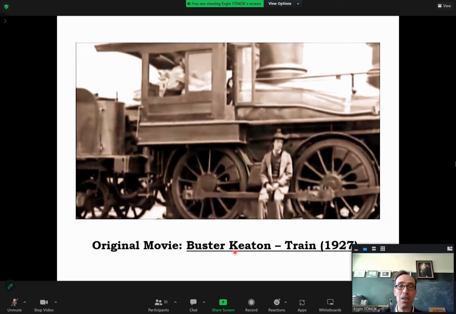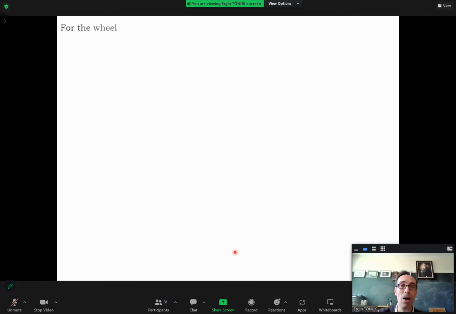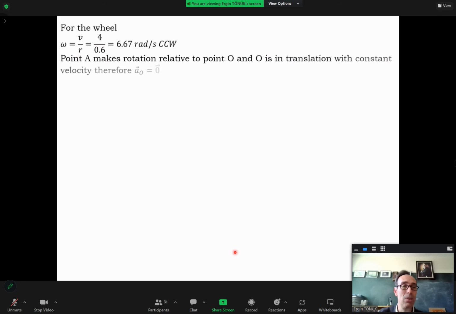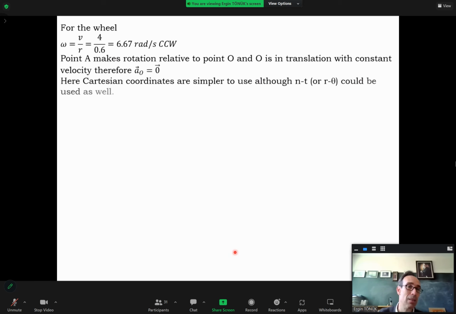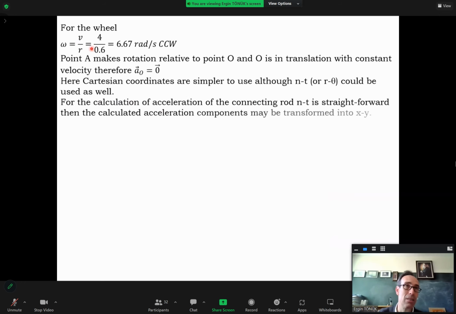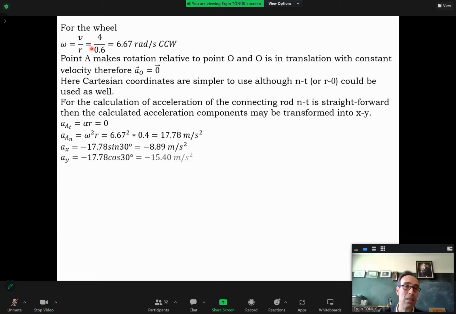So if we return back to our problem, for the wheel, I can compute the angular speed by this approach where the contact point is the instant center of zero velocity and the distance between the instant center of zero velocity and the pin is the radius.